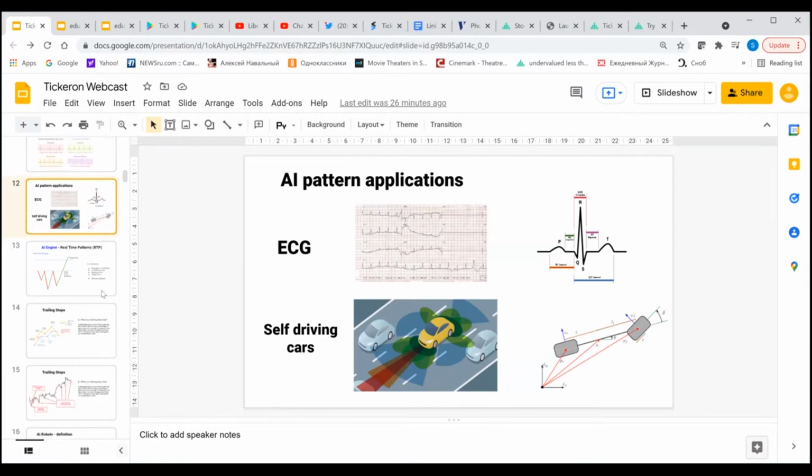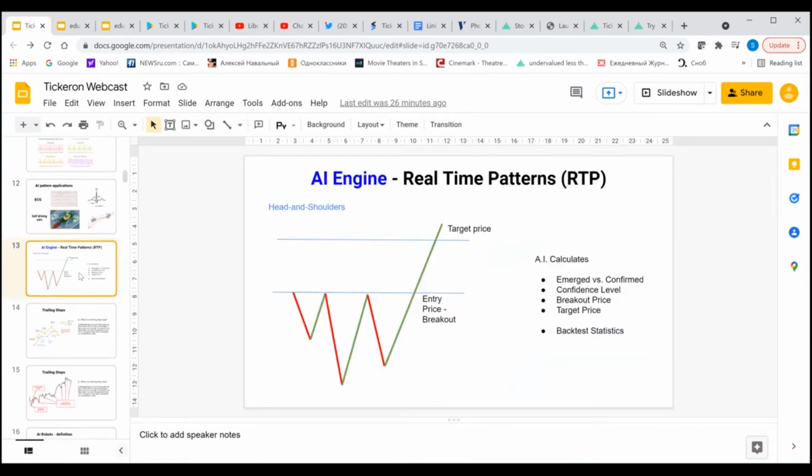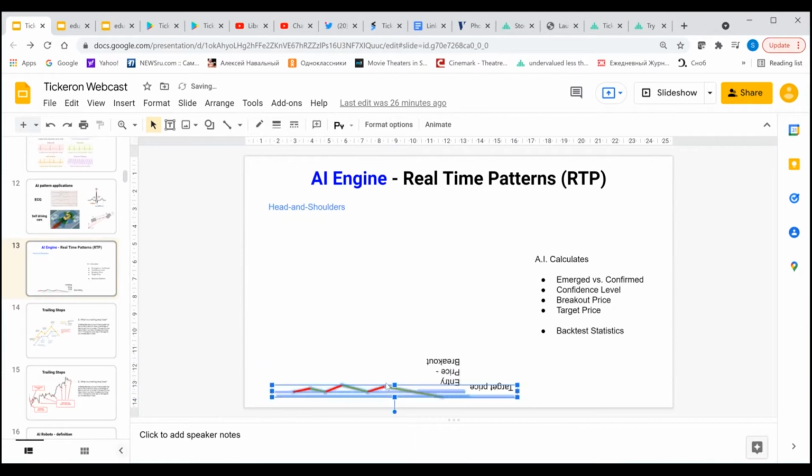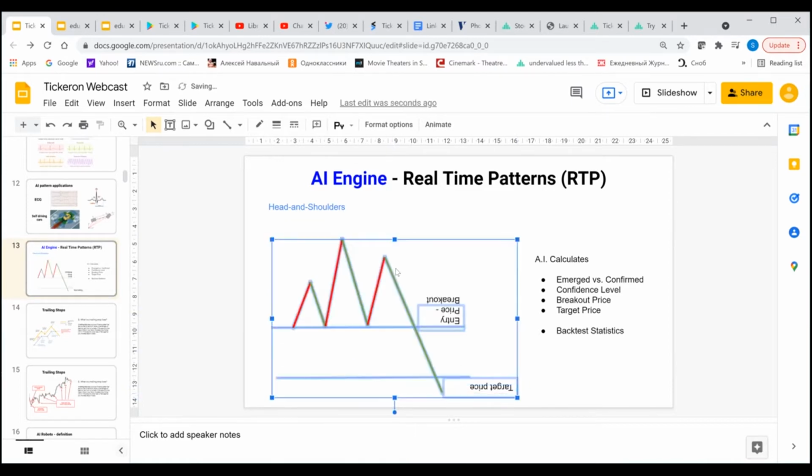For stocks there are different types of patterns, such as head and shoulders. This is the head, and these are the two shoulders. It's a bullish type of pattern, but it's more visible in a bearish case. Crypto goes up, tries to break that line down, goes up again, then down, up, down.